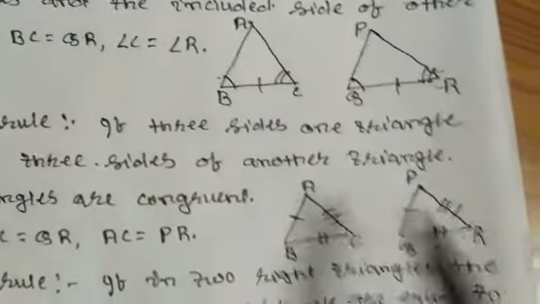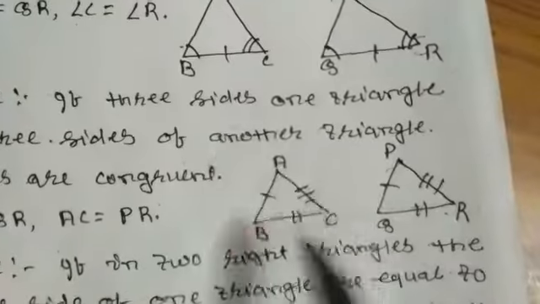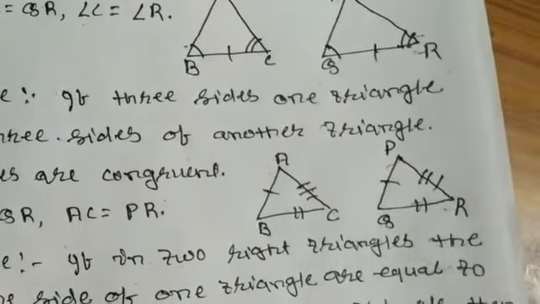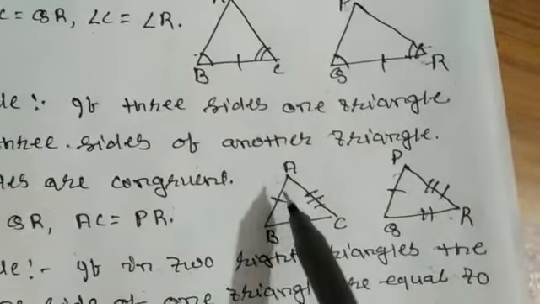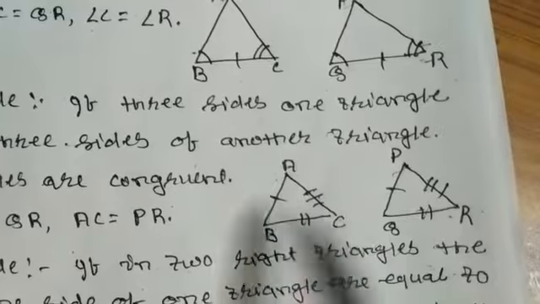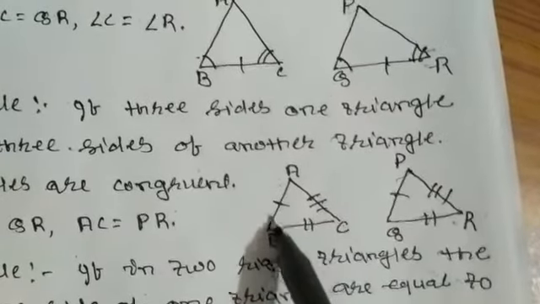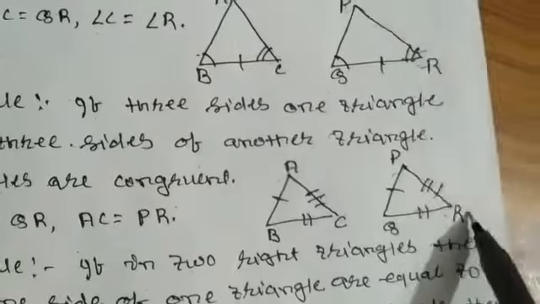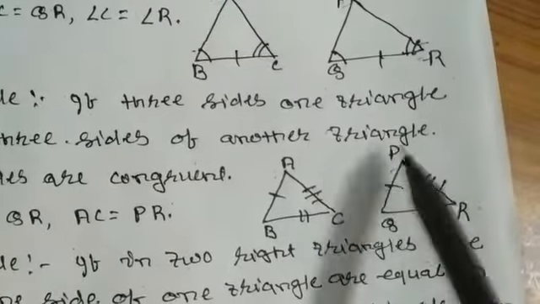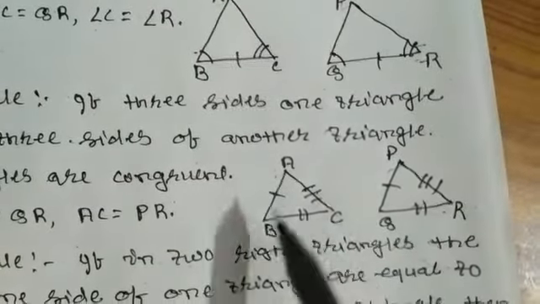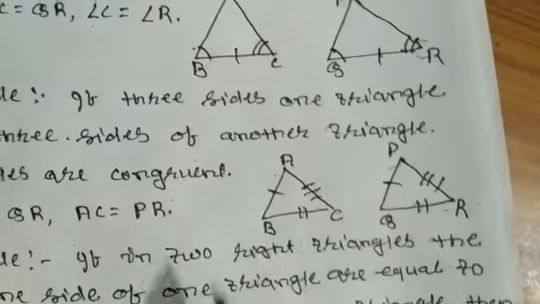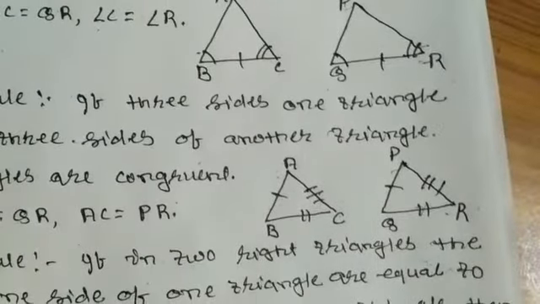Let it be clear through the figure. Let us suppose ABC and PQR are two triangles in which all three corresponding sides are equal. That is, AB equals PQ, BC equals QR, AC equals PR. It means all three corresponding sides of these triangles are equal.